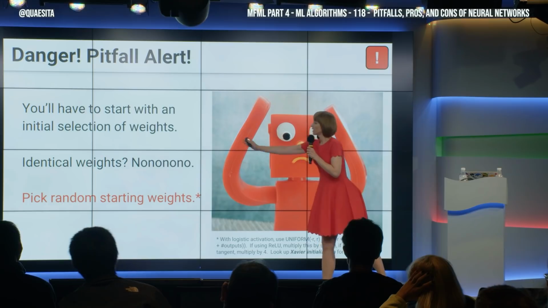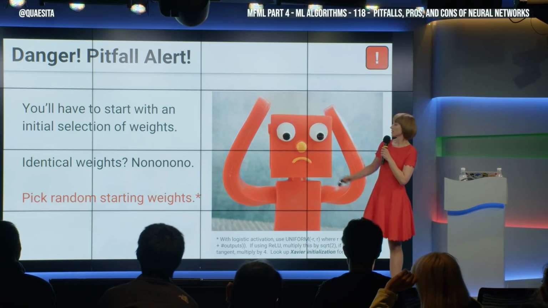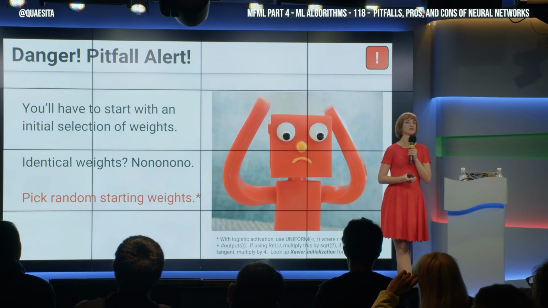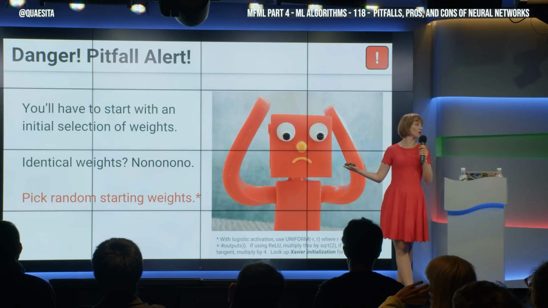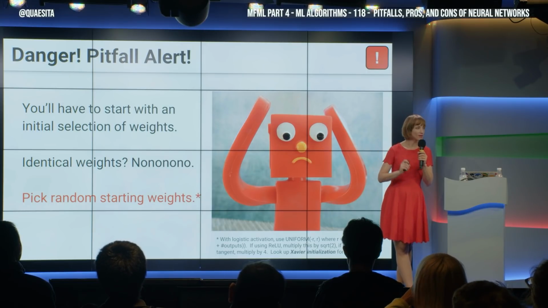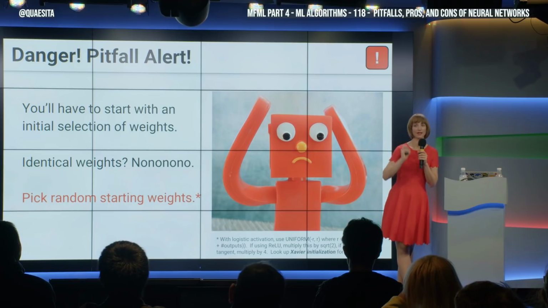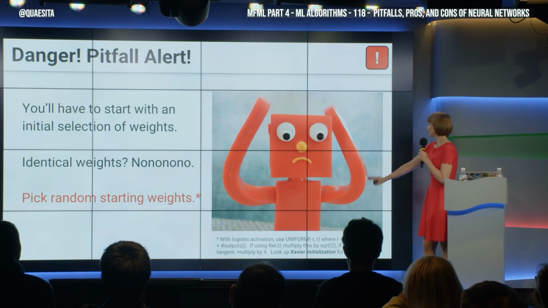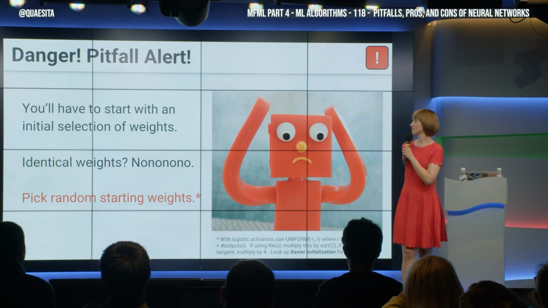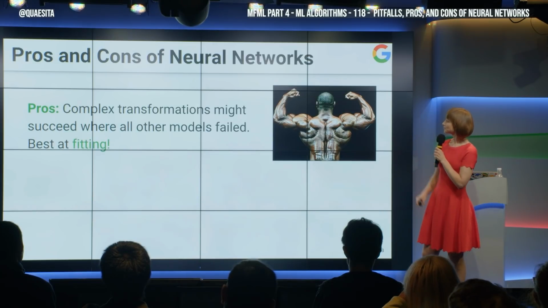Now, when it comes to this weights thing, the way to approach it is pick random starting weights. Yes, they are all wrong, but one of them is more wrong than the others, and then off we go. And I've got a footnote for you on some advice on how to set the weights.